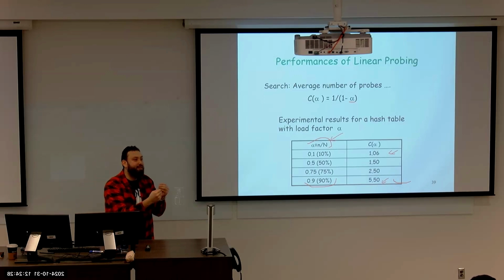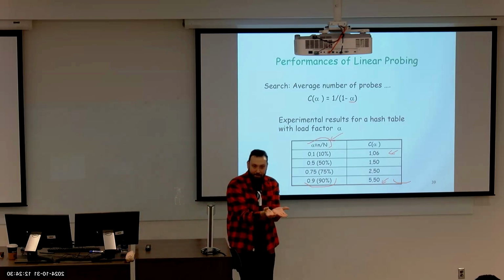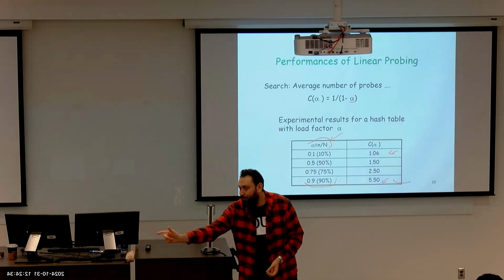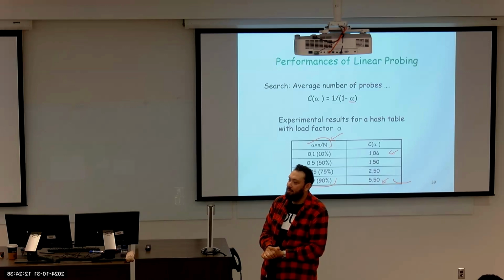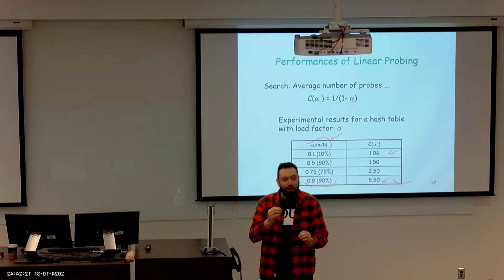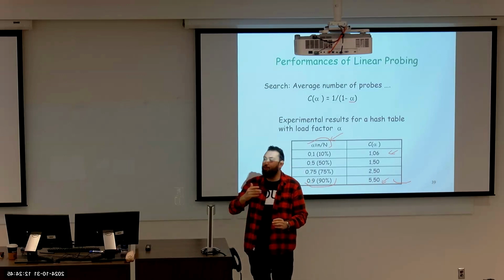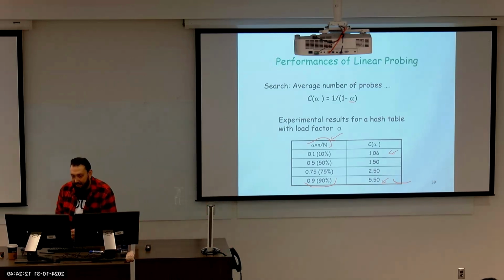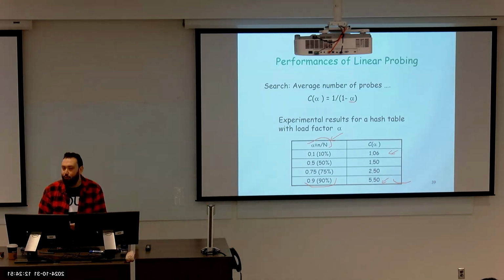But if I build it in a better way, it will only take me on average 2 probes to find my number. Do you see the idea now? That means if I design everything properly, I'll end up with something closer to O(1) all the time, even if I'm 90% full. So that's the idea. I think the conclusion is almost done here. What is the worst case?